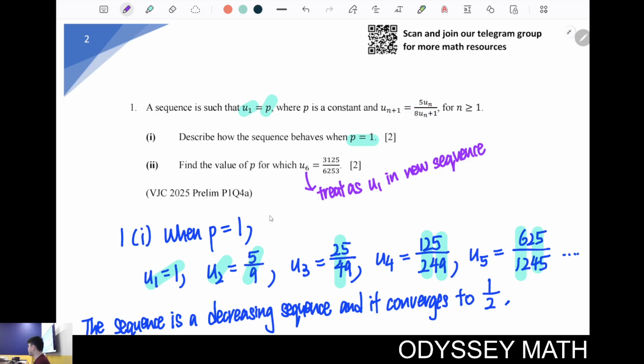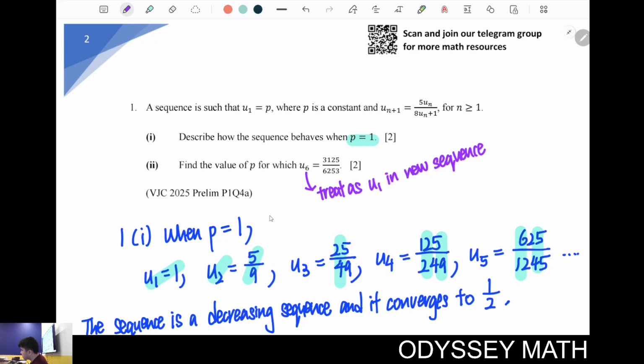Now, here's the problem in part 2, which quite a number of students in the past struggle with. What they want is, I give you the term after, u6, and I want you to find the value of p, that is u1. So in short, I give you the term after, find for me the term before.